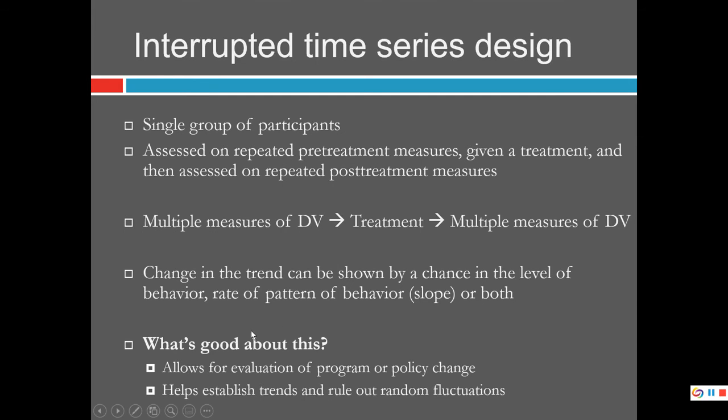I'll show you a figure in a moment that makes this clearer, but this might have a good outcome of letting you see, well, were things already getting better before my treatment, or did the change that I implemented last? Because single measurements can be really influenced, as we know, by lots of different types of random chance and random fluctuations. And if you have more measurements, you might have a better idea of how things have progressed.